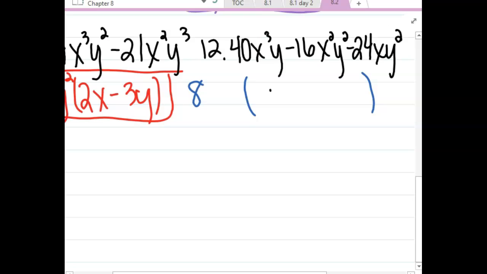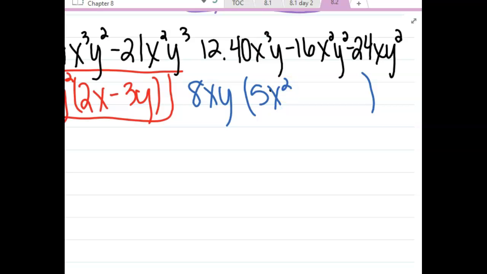Now, if you look at the x's, there's 3 things to look at. We have x cubed, x squared, and an x. How many x's do all of those have in common? Just an x, yep. And then I have y, y squared, y squared. Yeah, just 1. So it's going to be 8xy. And then, if it helps to take it in pieces, it'd be 8 times 5, x times x squared.